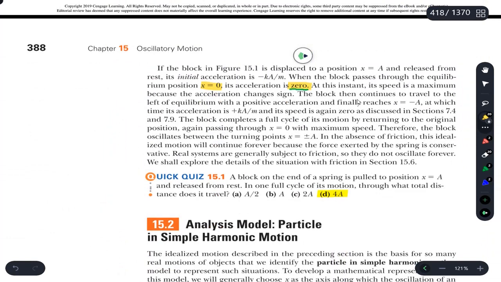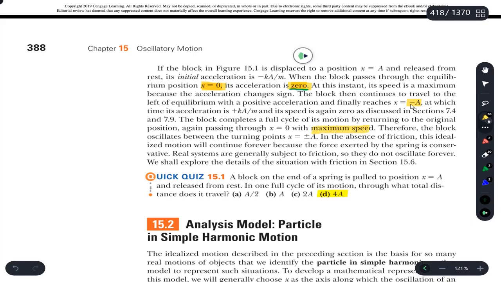You find as well that acceleration turns out to be 0 whenever displacement is 0. The opposite, when displacement is at the maximum, called the amplitude, then acceleration is the largest. When we talk about speed, it's the other way around.